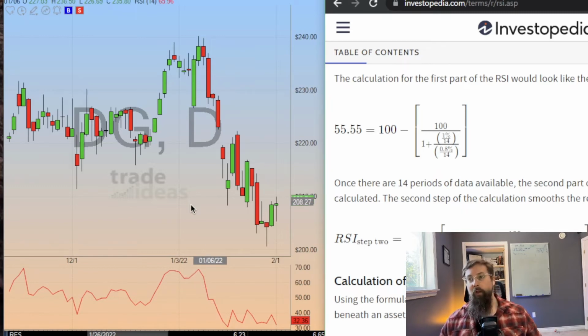Now, a lot of people will use this and say if we're under 30, we're oversold and it's time to buy, and if we are above 70, we're overbought and it's time to sell. I want everyone to pause and take a second and ask, does that make sense to you? If a stock is selling off with big red candles down and only tiny green candles up, is that something you want to buy?